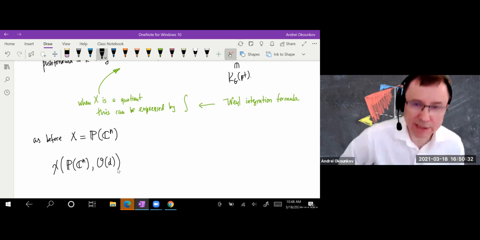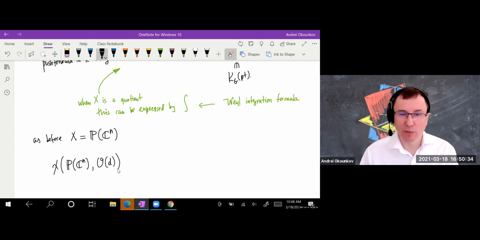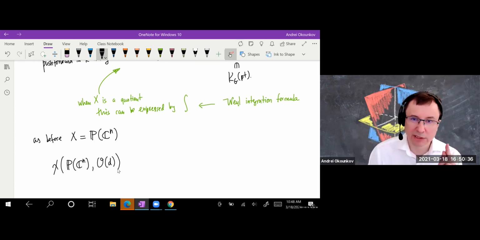So this O of D, these are the O of 1, it's the line bundle whose fibers are the linear functions on the line itself. Projective space is a space of lines. And if I look at linear functions on lines, this is another line, and that's O of 1.